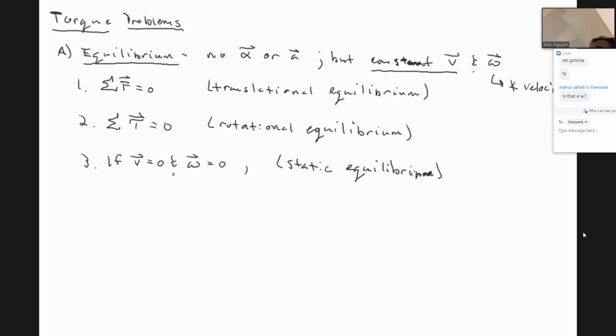Just because the accelerations, linear and rotational or angular, are 0 doesn't mean that you're completely still. In translational equilibrium, you may be completely stopped or you can be moving at a constant velocity. In rotational equilibrium, you could be stopped or you may be rotating at a constant angular velocity.